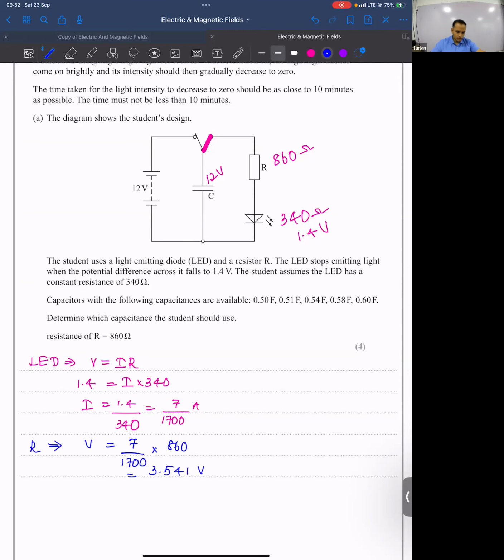That is the voltage across the resistor. So guys, the total voltage will be the voltage across the resistor, 3.541, plus the voltage across the LED, which is 1.4. Total voltage is 4.941.